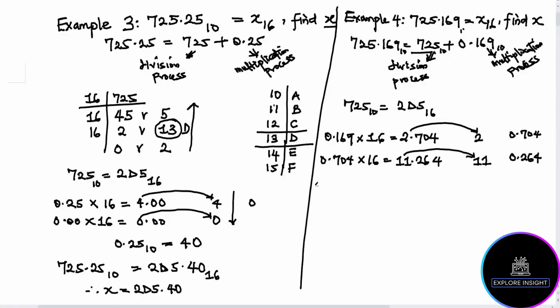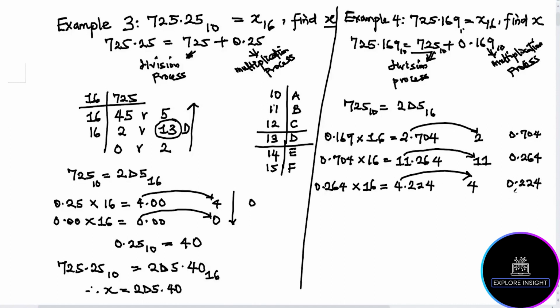We'll move the 0.264 again to multiply by 16. Once we go ahead to check the multiplication for both values, we are going to have 4.224. We take the 4 over here. 4.224 minus 4 will give us 0.224.